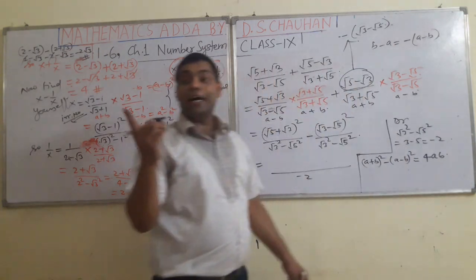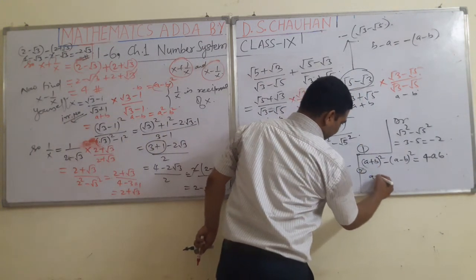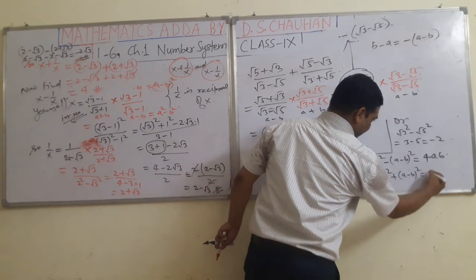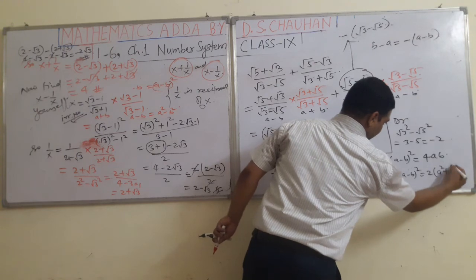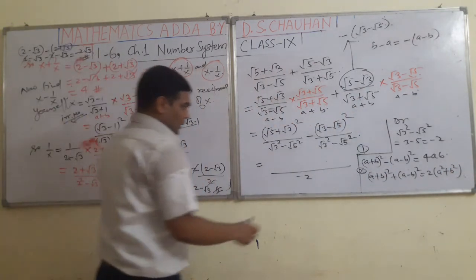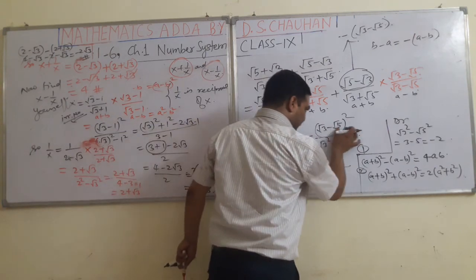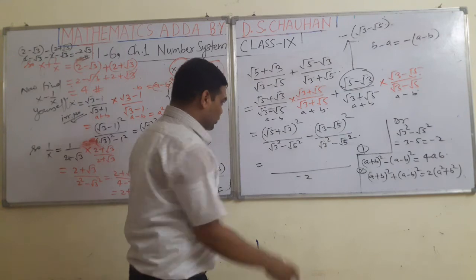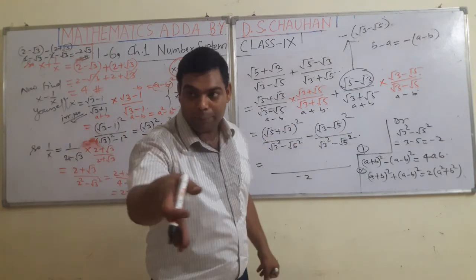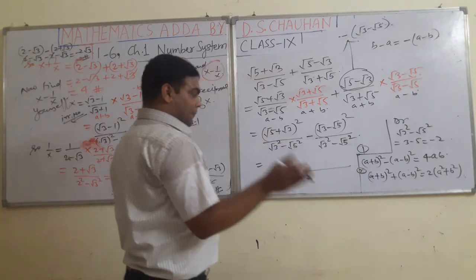Remember this is the formula, and one more formula I am telling you: (a plus b) to the whole square plus (a minus b) to the whole square, it is 2 times (a square plus b square). So what you will get here? See, it is of the type (a plus b) to the whole square minus (a minus b) to the whole square. Don't get confused. Root 5 plus root 3 treated as root 3 plus root 5 because b plus a is same as a plus b, ba is same as ab.